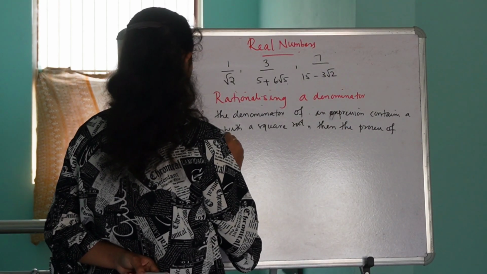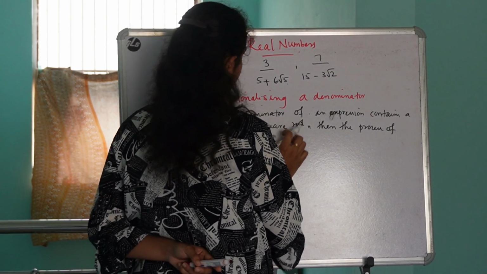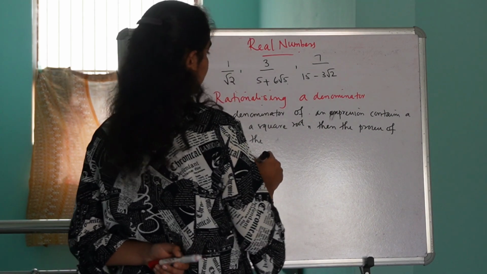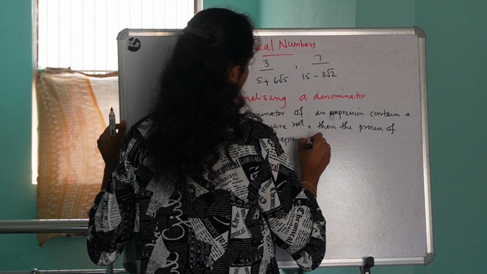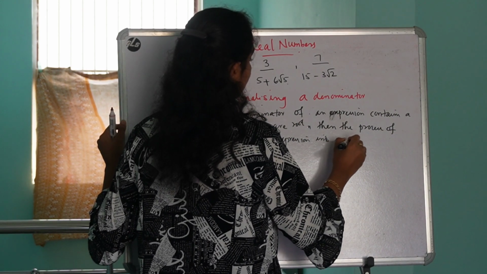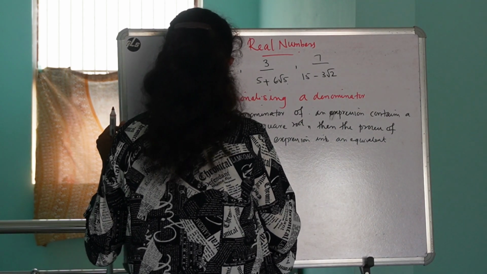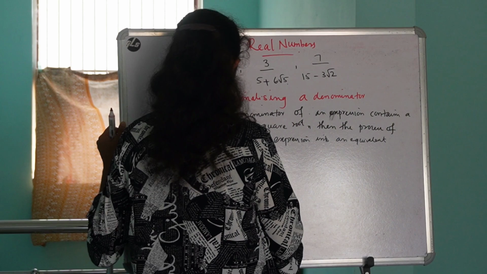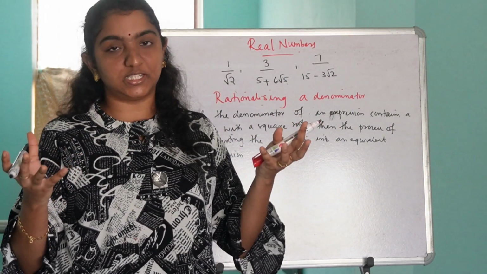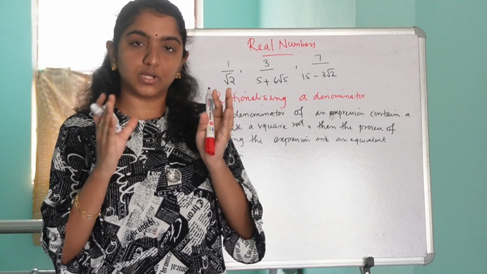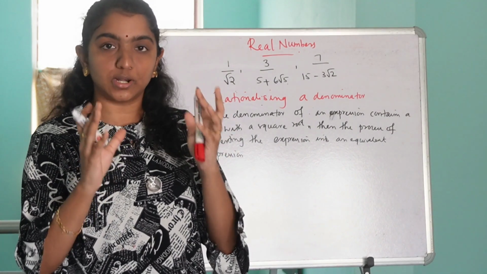of converting the expression into an equivalent expression. Equivalent expression means the actual value of the expression remains unchanged. We have to convert the denominator in such a way that the actual value of the expression remains unchanged.